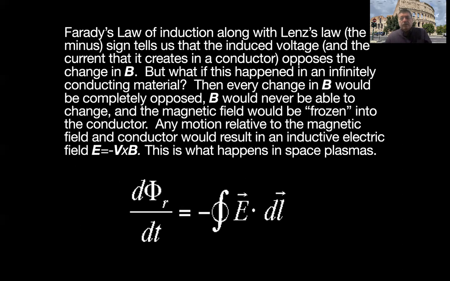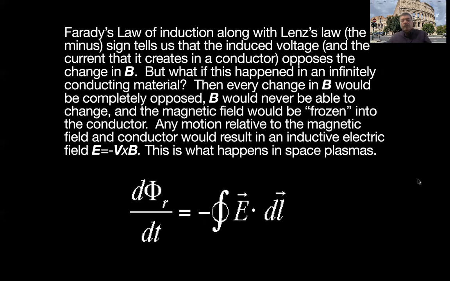Now, Faraday's law of induction with Lenz's law, and Lenz's law gives you the minus sign there, tells us that the induced voltage and the current that it drives in the conductor opposes the change in the magnetic field.